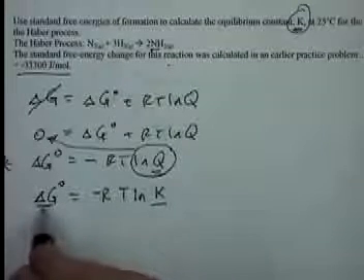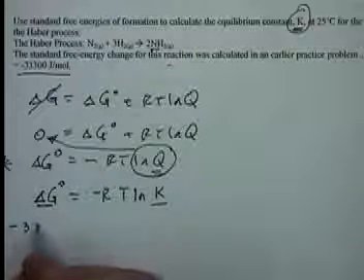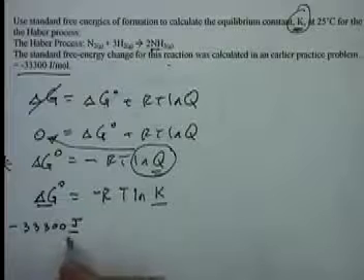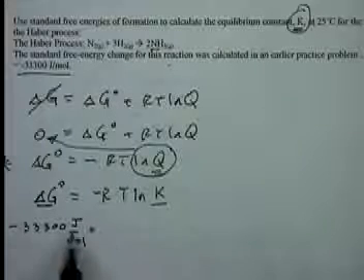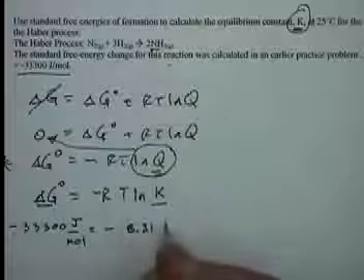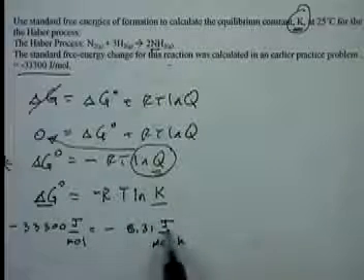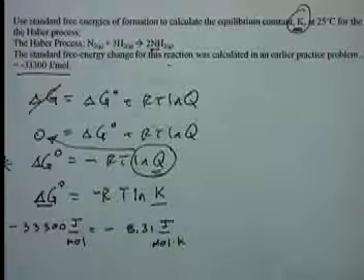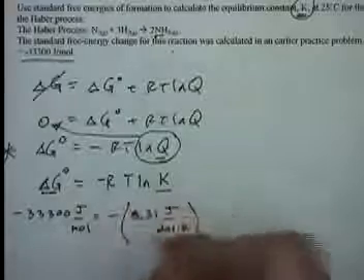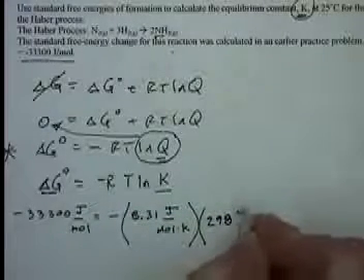Well, we know that the standard free energy change for this reaction was negative 33,300 joules per mole. We'll use joules per mole because we know R is 8.31 joules per mole times Kelvin, and we'll keep the units the same in joules and joules. Temperature is our standard temperature, which is 298 Kelvin.